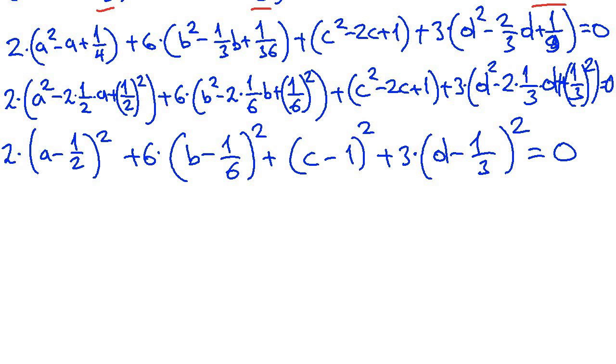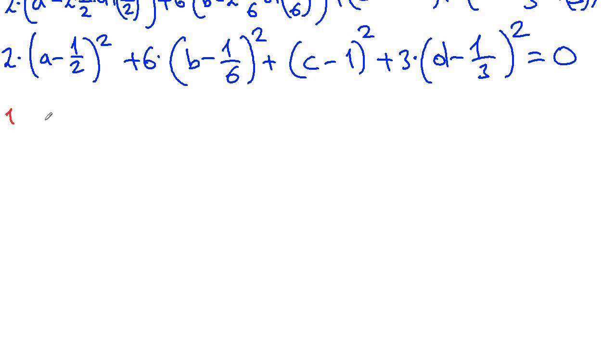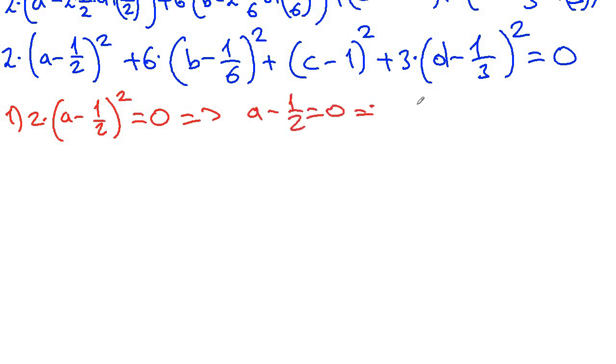So therefore here I need to equate each expression to 0. Let me start from the first one. The first one is 2 times a minus 1 over 2 to the power of 2, which must be equal to 0. And here I will get immediately the answer. A minus 1 over 2 is equal to 0, and here a is equal to 1 over 2.